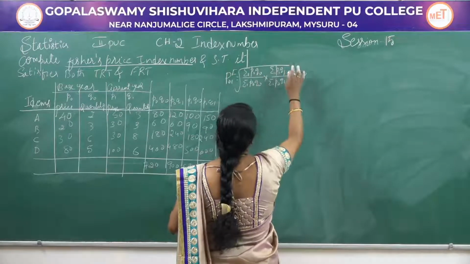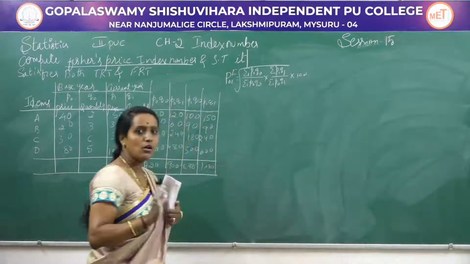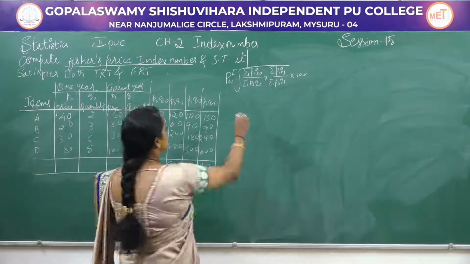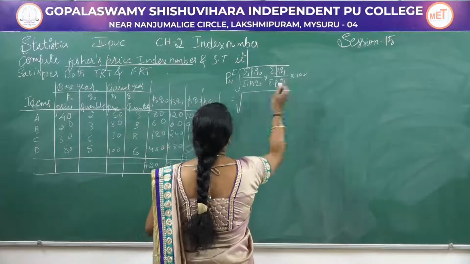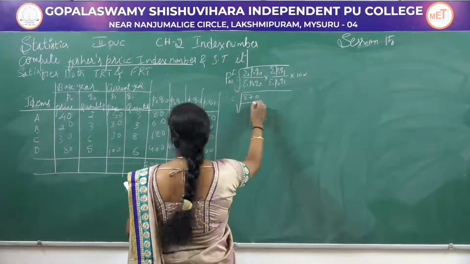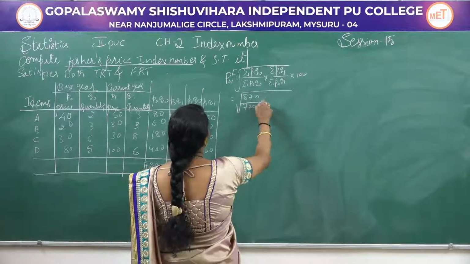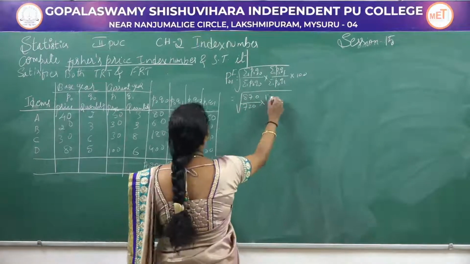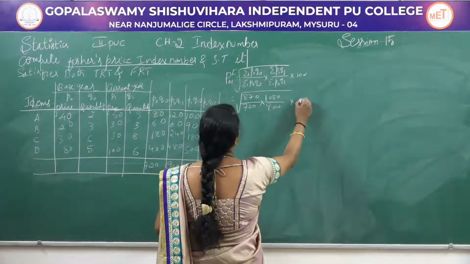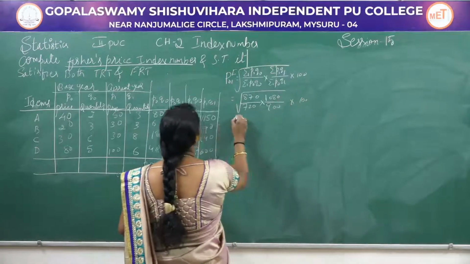The square root should be only for the values, that 100 should be outside. So substitute the values: P1 Q0 is 870, P0 Q0 is 720, into P1 Q1 is 1080 divided by P0 Q1 is 900. At last we should multiply this by 100.